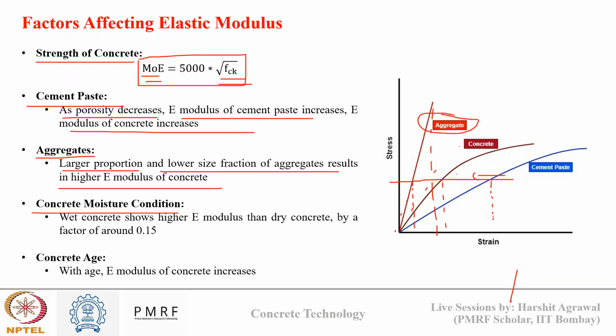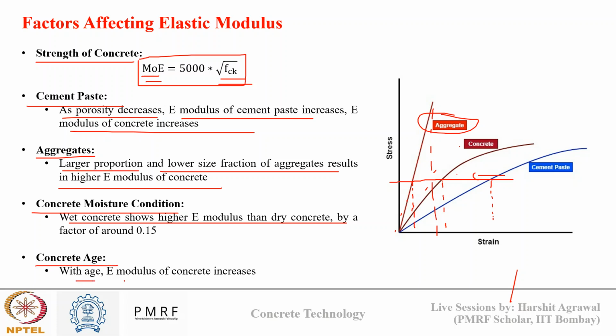Concrete moisture condition. Wet concrete shows higher modulus of elasticity compared to dry concrete. Why? Because as we talked about in the last session, water is incompressible in nature. So when we apply a load on a saturated concrete, it will show higher stiffness compared to a concrete which is dry. That's why it has a higher modulus of elasticity. And fourth is the concrete age.